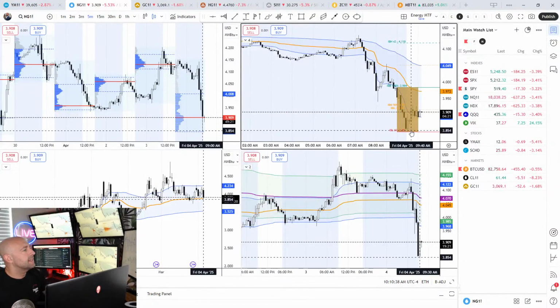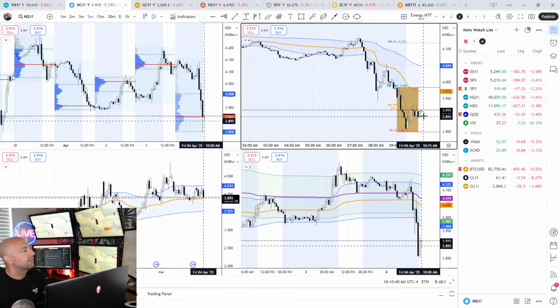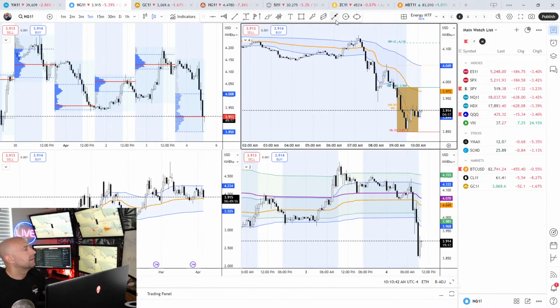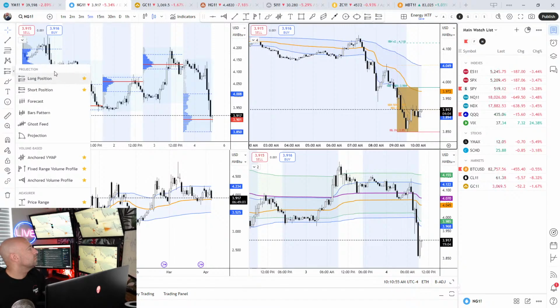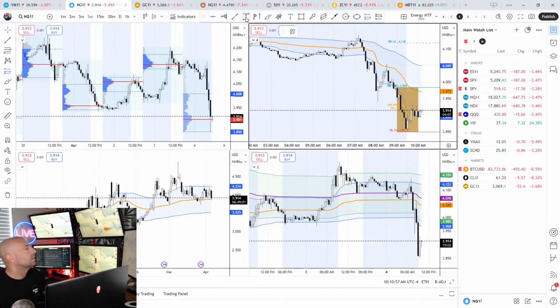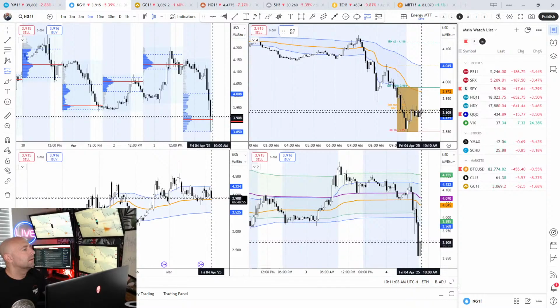So natural gas is having a little bit of a return to value here. Knowing that the drawing tools aren't saving it to all. So this could be a good long here.